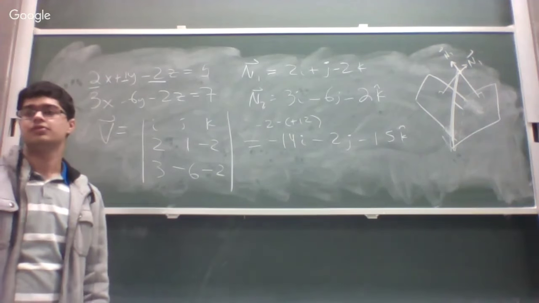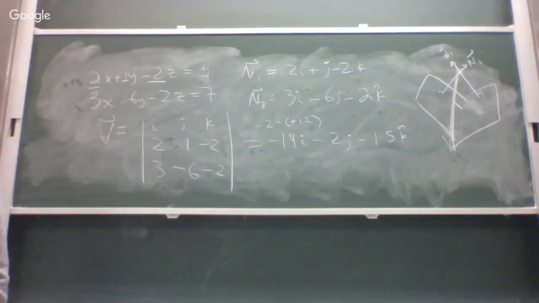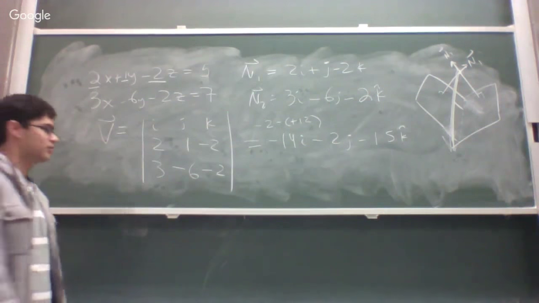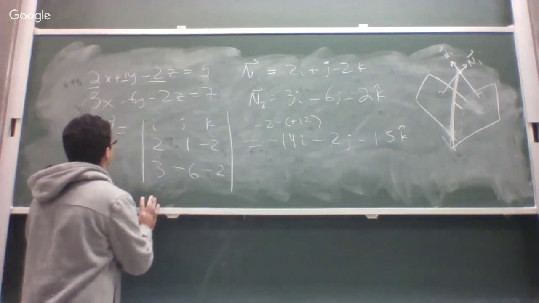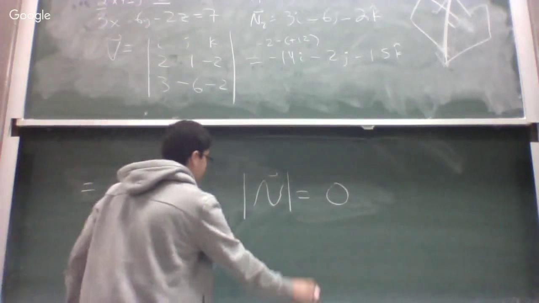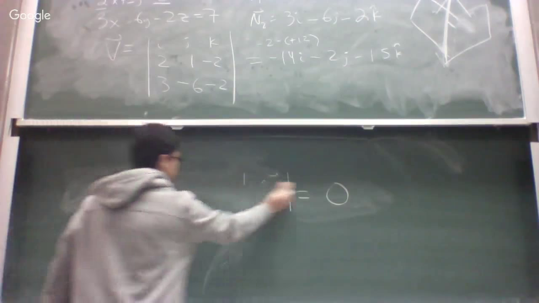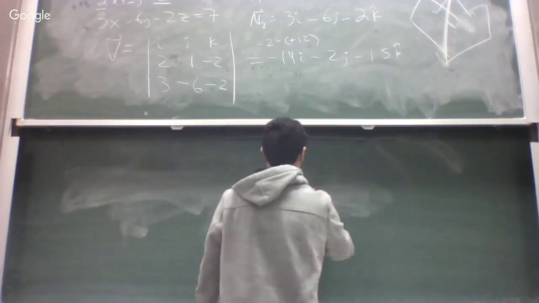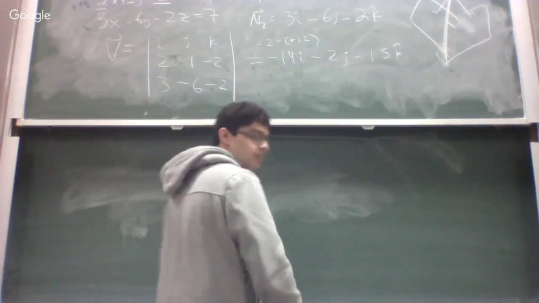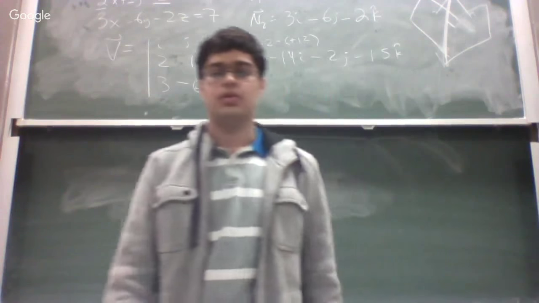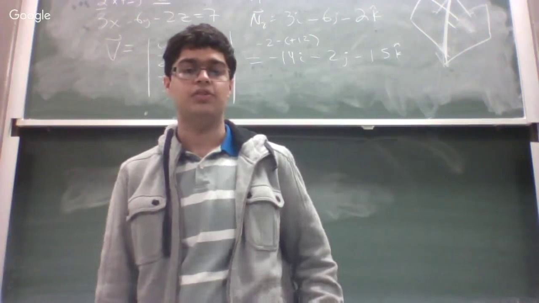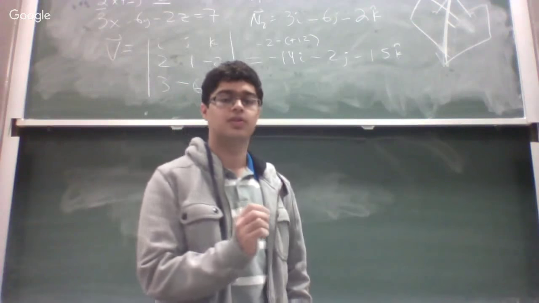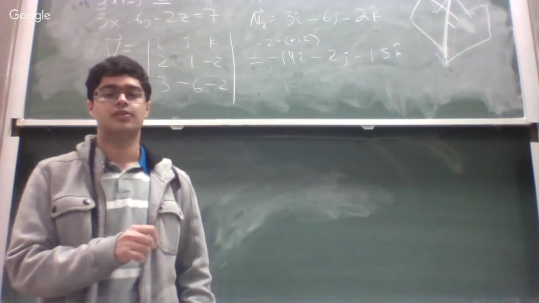It means we just have something parallel to the line of intersection. No, we're not done yet. Now we need to find any point on the intersection line.